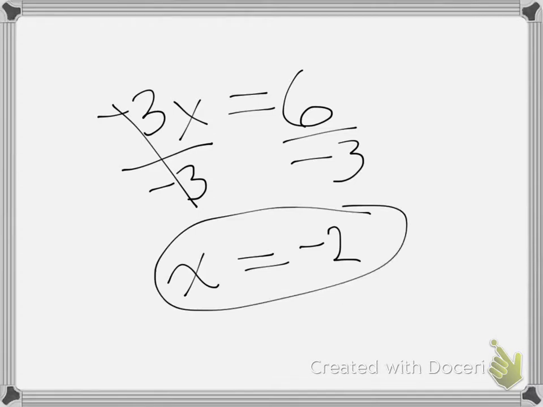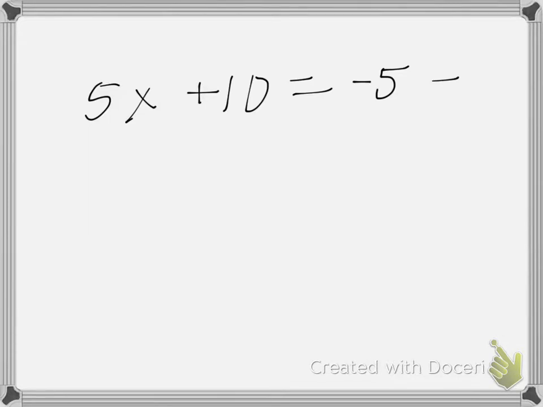Alright, so now, moment of truth. I'm gonna go ahead and give you one. So let's go ahead and do this one. 5x plus 10 equals, let's say, negative 5 plus, no, can't make it 2x.